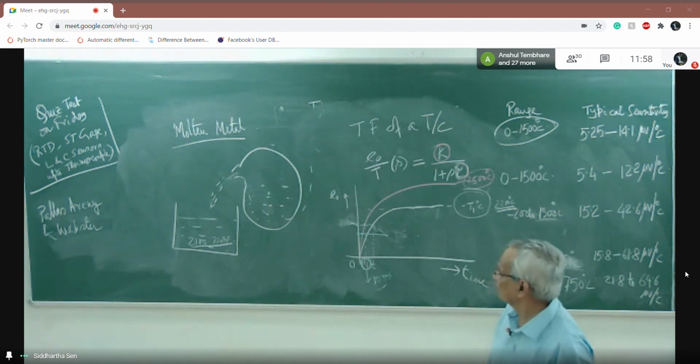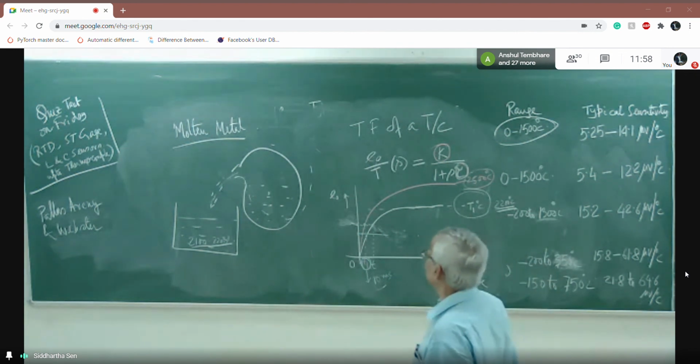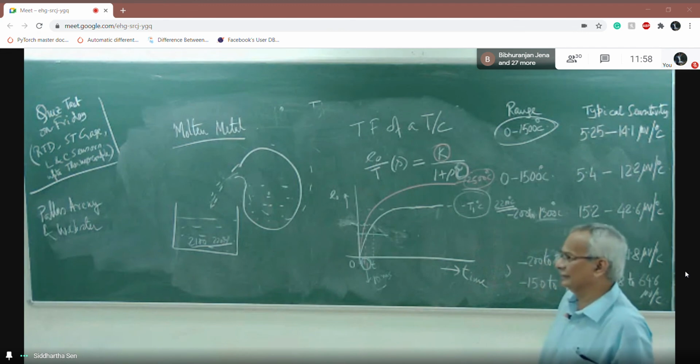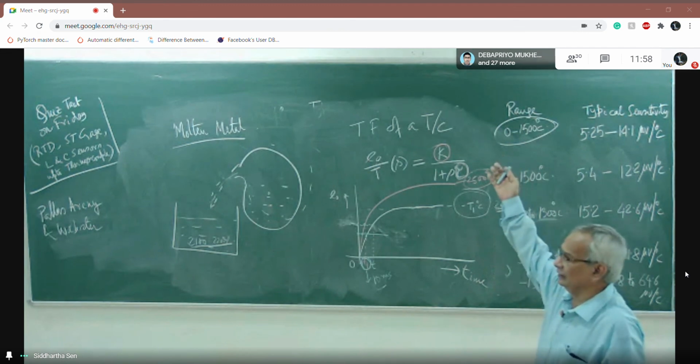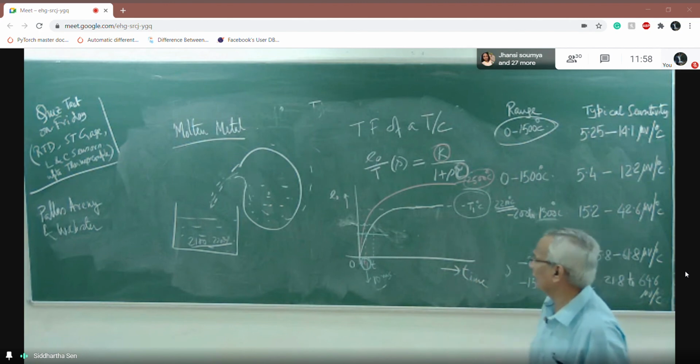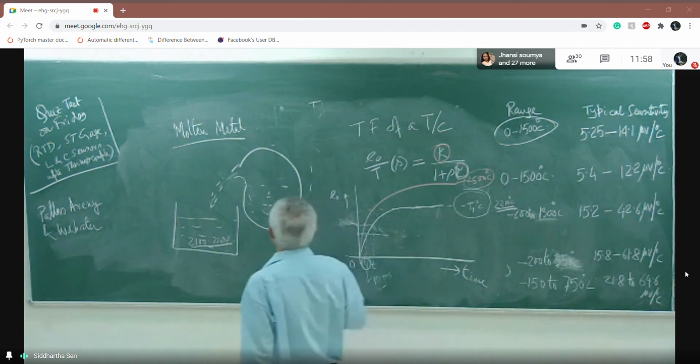So what I meant to say is that the temperature can exceed that range, but we can also use this technique, which is called a destructive technique.